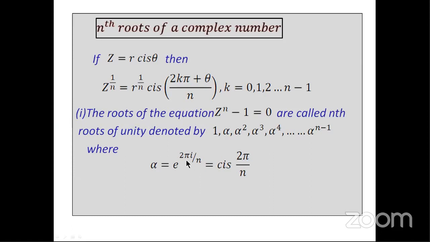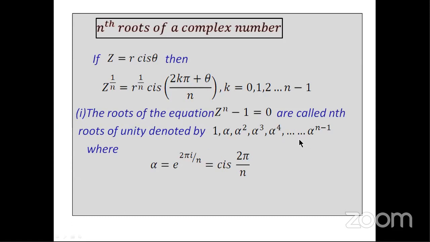So e power 2 pi i by n is nothing but cis theta, where theta is 2 pi by n. Once you get the value of alpha, you can always calculate alpha square, alpha cube, alpha power 4, and so on. Depending on the value of n, the number of roots you get will be decided.